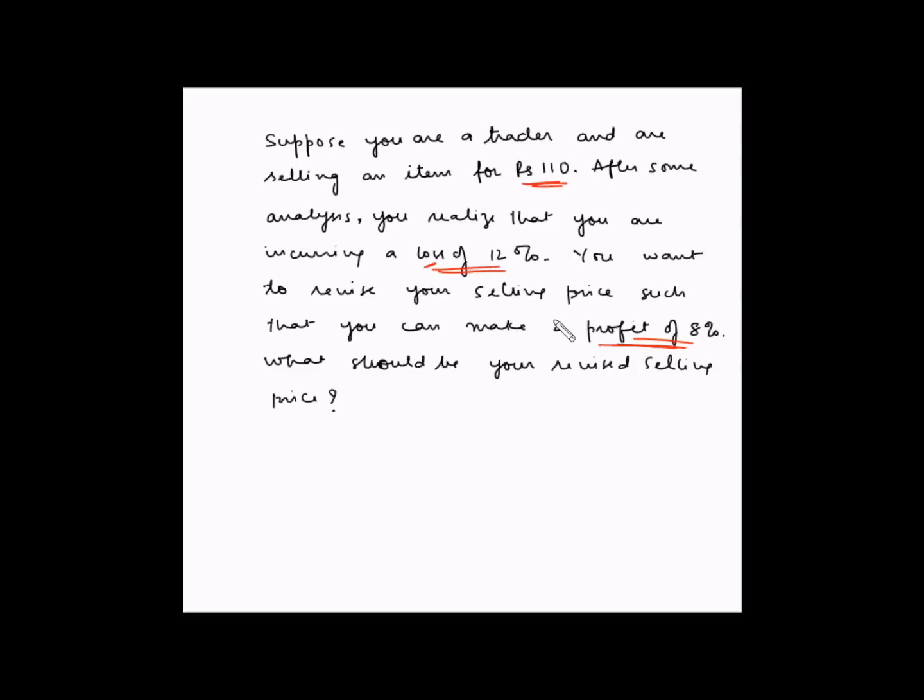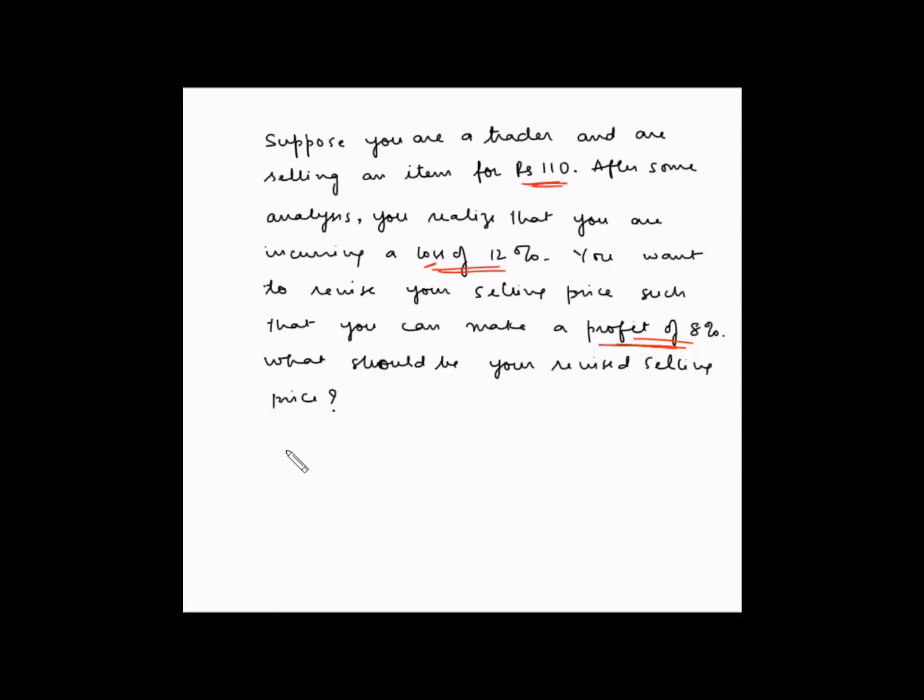So here, if we know the current cost price of the item, or the price at which you are buying the item, then if you add 8% of it to it, you will get the revised selling price, which will give you a profit of 8%. So first we have to find out what is the cost price, or the price at which you bought the item.